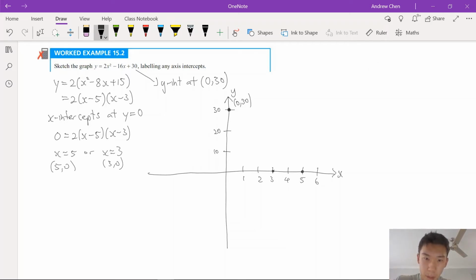So we're not asked to find it right now, but we just need to also show that's where the turning point is. Alright, done. Oh, almost done. So (5, 0), (3, 0). Okay, now we're done. Let's keep going.